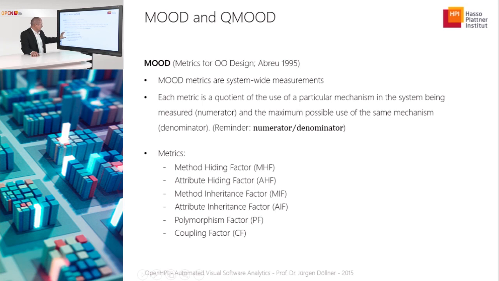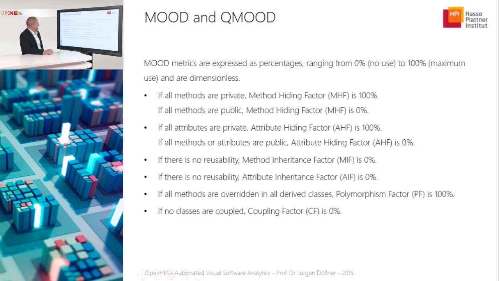So the first metrics refer to the information hiding aspect of an object-oriented design, and the other one to the coupling inside a class and the use of inheritance in an object-oriented design. To illustrate these individual particular metrics further, here are just some statements about the interpretation of their values. For example, if all methods are private, method hiding factor would be 100%. If all methods are public, hiding factor would be 0%.